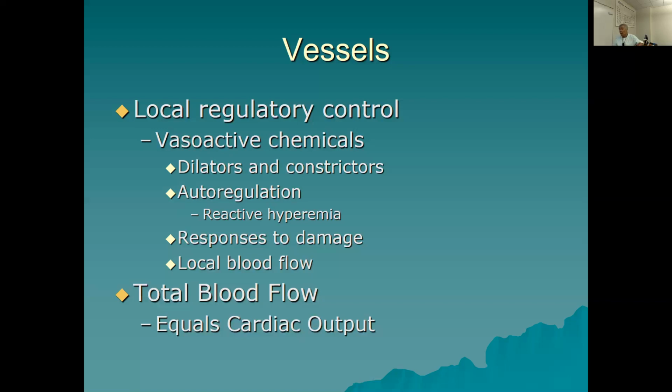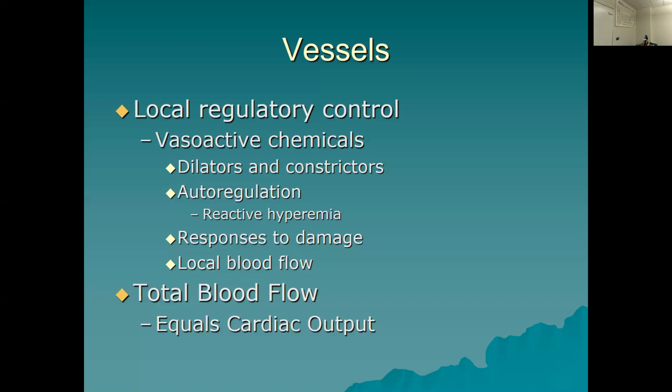If the blood pressure drops, the muscle reflexively relaxes and opens up, vasodilation, and allows more blood to come through. So when you have changes in blood pressure from moment to moment, blood flow to tissues pretty much remains the same.